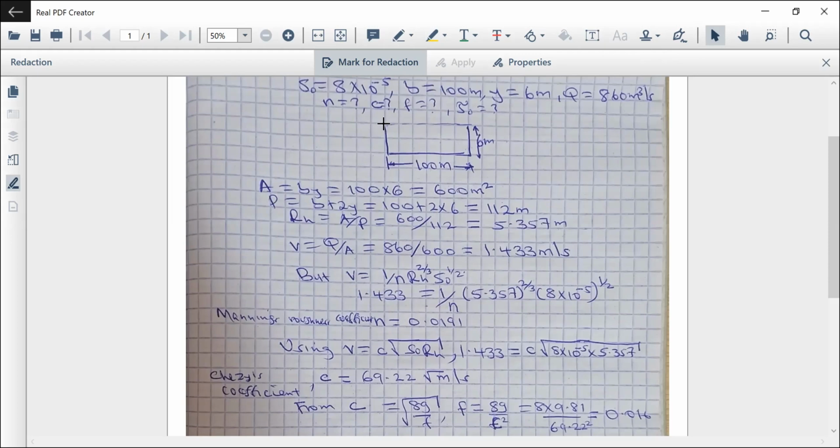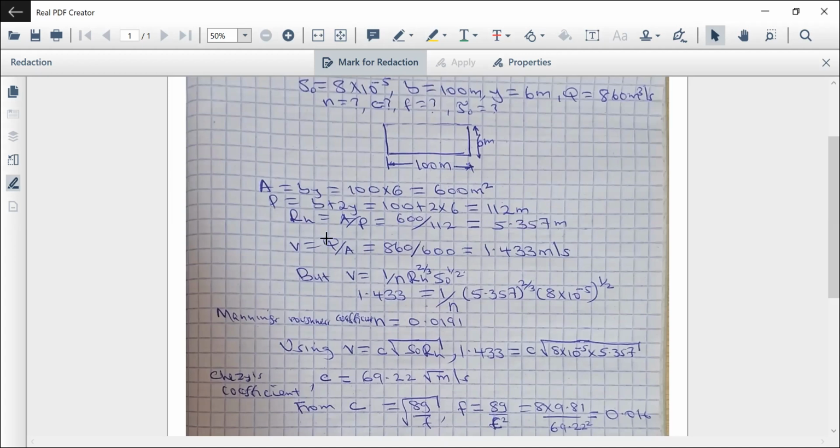Now look here, we have this depth here, then we have the breadth, then we have this depth. That's why the formula is B, which is the width, plus 2y, which means this component and this component. So it will be given by 100 plus 2 times 6, which is 112 meters.